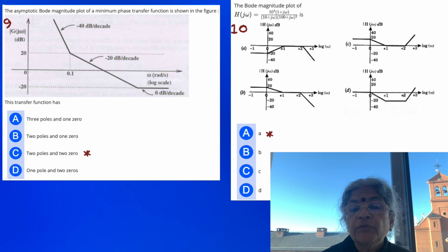This is true only for case A. In all other cases the slope is moving downward at omega equal to 0, at omega equal to 1, wherein log omega becomes equal to 0. So without doubt you pick out answer A. All the other aspects match, so answer A is the best that we can do in these circumstances. So last slide and last problem.